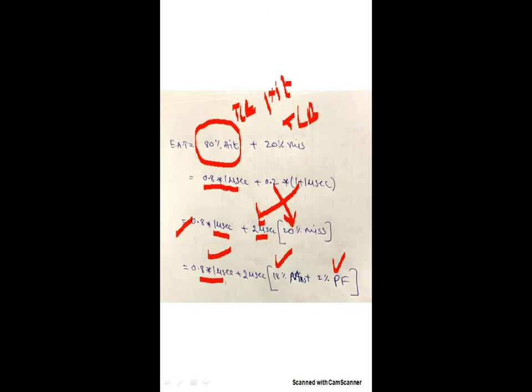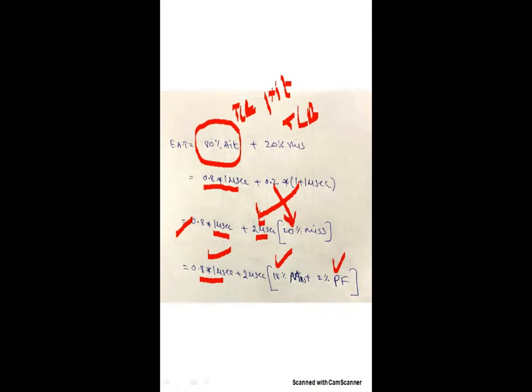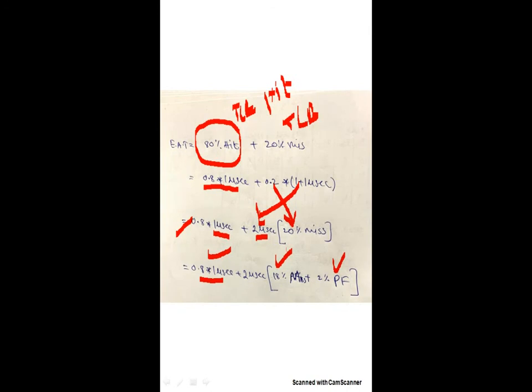In a TLB hit, it is 1 microsecond, we understood this. Now you see in a TLB miss, there are two scenarios again. What he's saying is that 10% of the remaining, or 2% of the total. 10% of the remaining 20% is 2%. So 2% is going for page fault, and 18% is page hit.